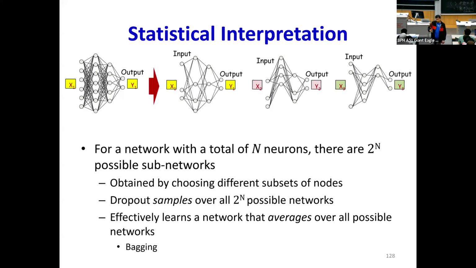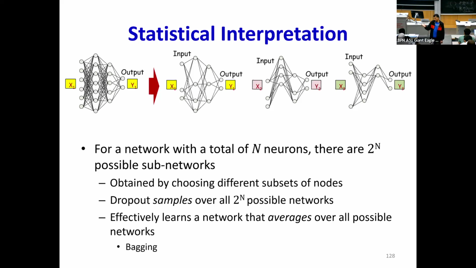So in the process, you're training this entire set of 2 raised to n networks all at once using your inputs. And this is basically the same as bagging. You're training a collection of classifiers, and each of them is seeing a different set of inputs. Then when you perform inference, you're going to perform inference using the collection of classifiers. What's the problem with trying to do this naively?